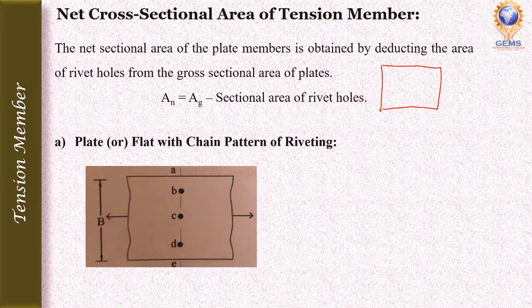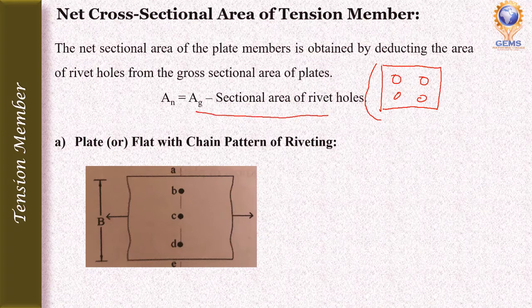Assume this is a plate having rivet holes. Then you have to deduct the rivet hole area from the gross area. So, AN is equal to AG minus the sectional area of rivet holes.